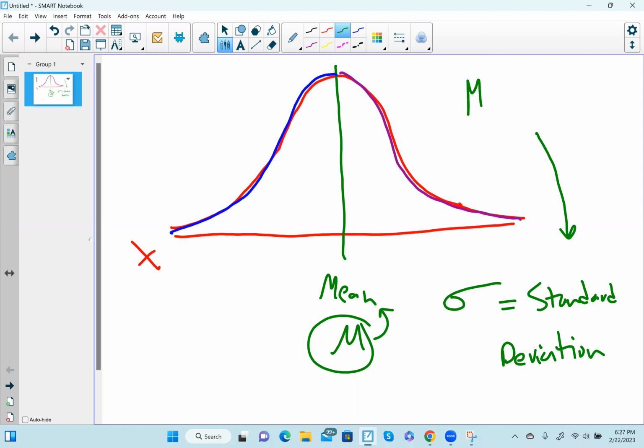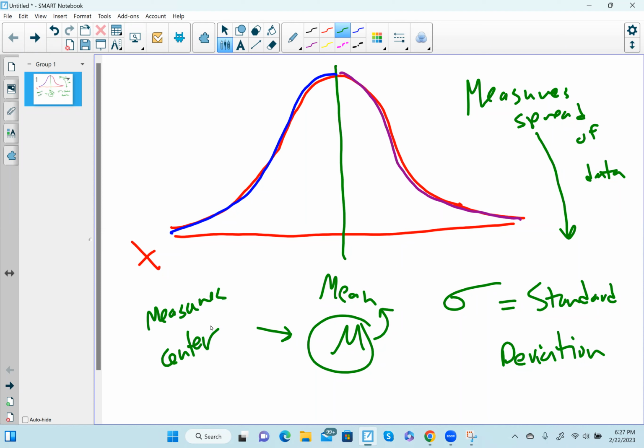Standard deviation, fundamentally, it measures the spread of data. Is data close together or is it far apart? So I'll try and explain that more in a moment. And mean measures the center of the data. So those are two important things to keep in mind.